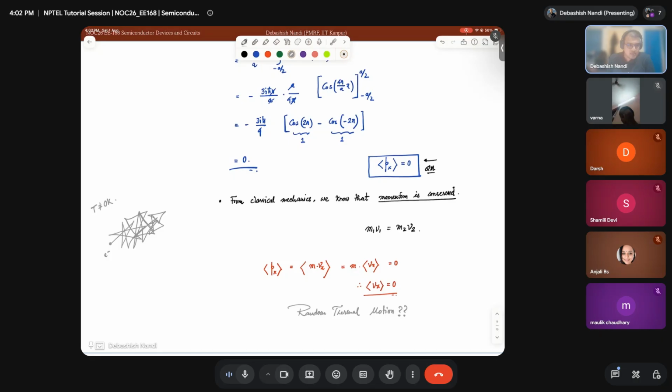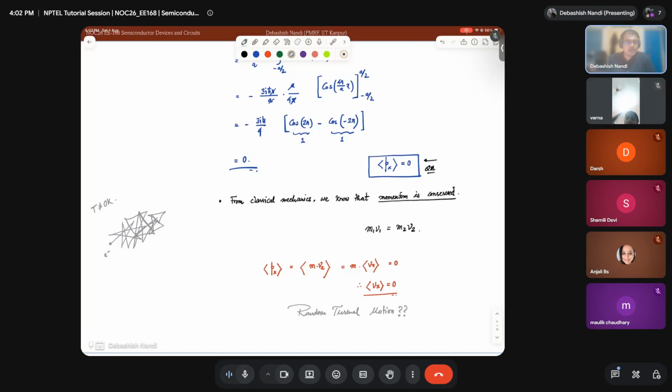Has any one of you seen flies roaming around a sweet box if it is open in a sweet shop? Come on, this you must have seen, right? This is not electrons. So that motion is comparable to the motion of electrons if the material or the device is kept in thermal equilibrium.